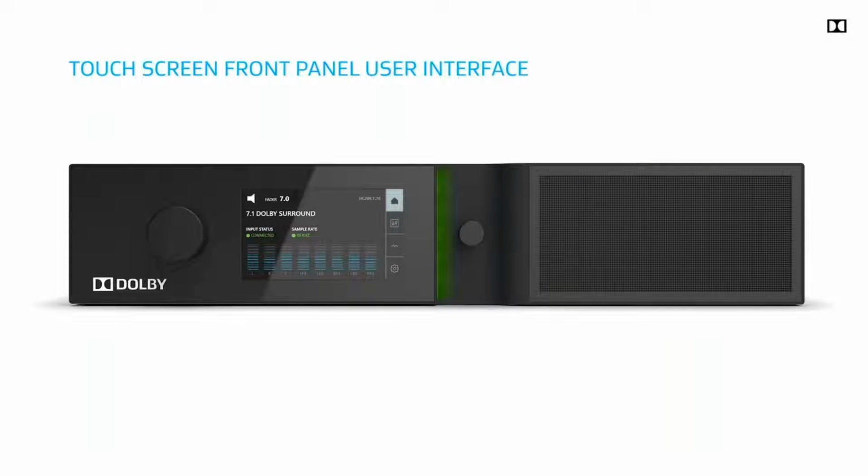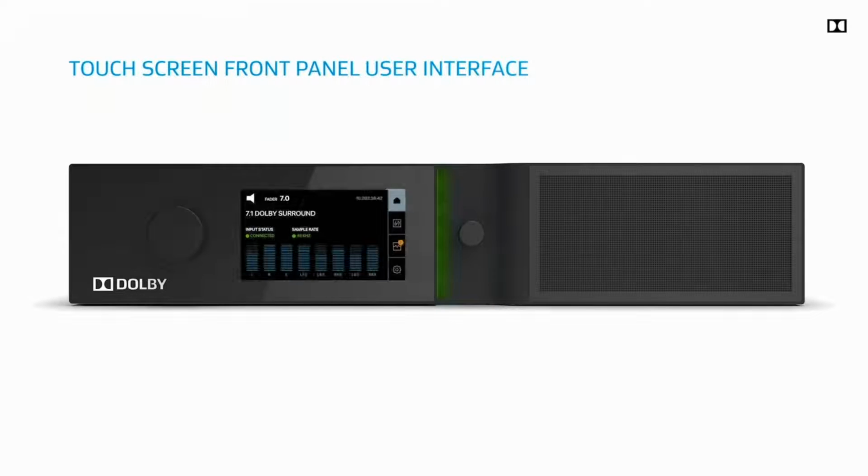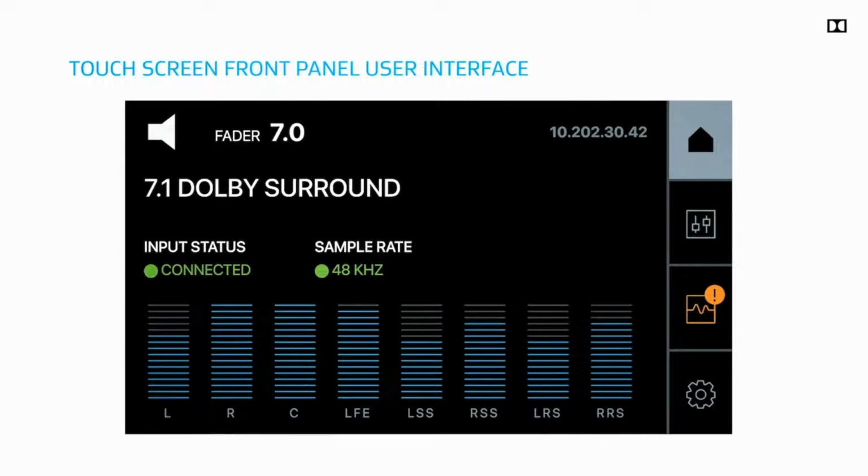The CP950 introduces an LCD touchscreen, which allows a user to control basic functions of the system. On the right-hand side are navigation buttons for different sections of the user interface. The home screen, what you see is the default view, and at the top left is the mute control.